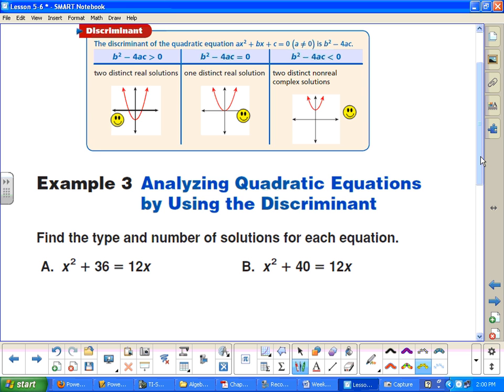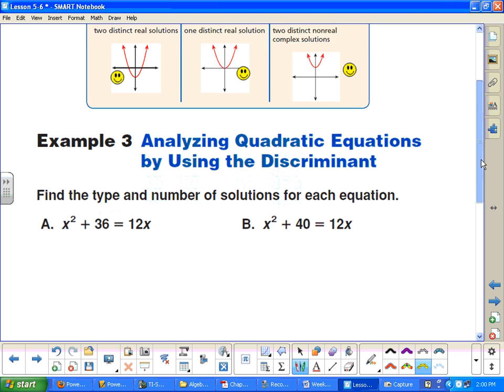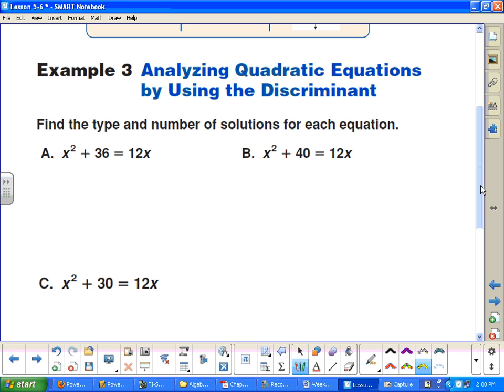So in this example, they want us to find the type and number of solutions for each equation. So when they're asking for type and number, this is it: 2 distinct real solutions, or 1 distinct real solution, or 2 distinct complex solutions. So the first thing we have to do is get it equal to 0.